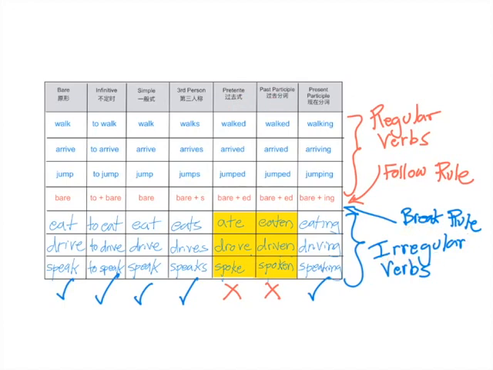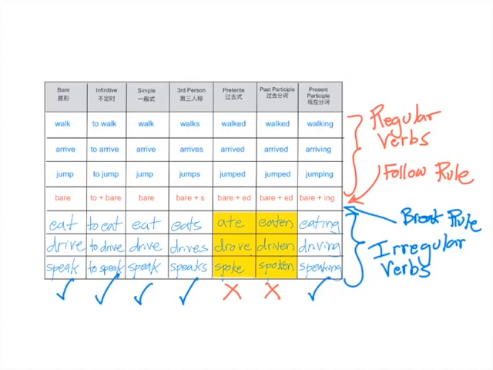This is useful to know because it helps us focus our studies. If I teach you a new regular verb, you don't need to sit around memorizing 7 forms, because as long as you know the rule and you memorize the bare form, then you can just use the rule to make all the other forms.